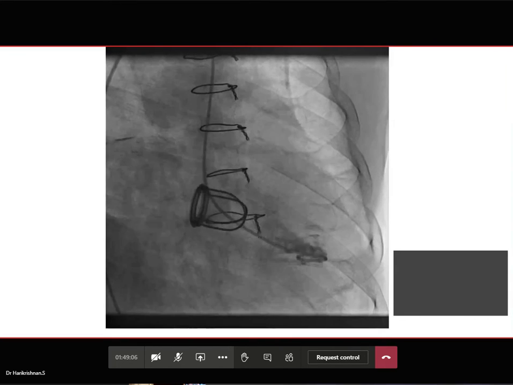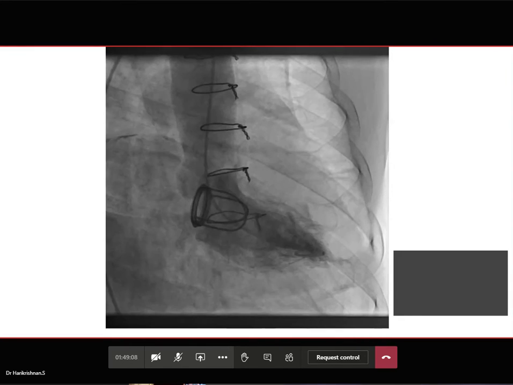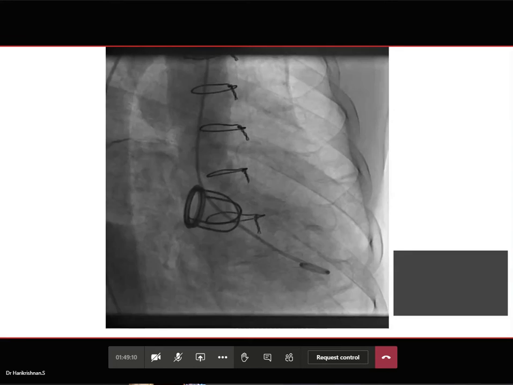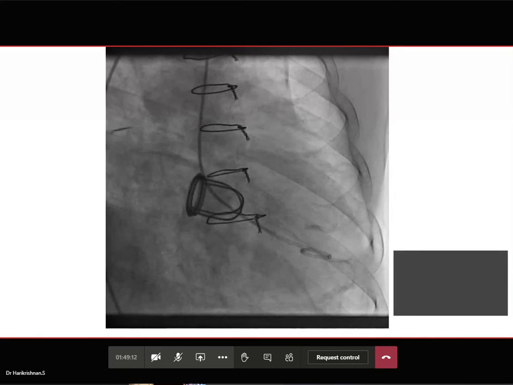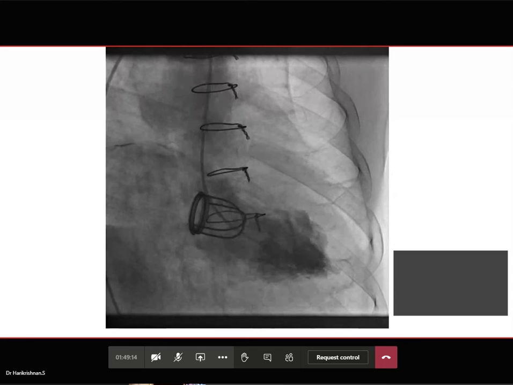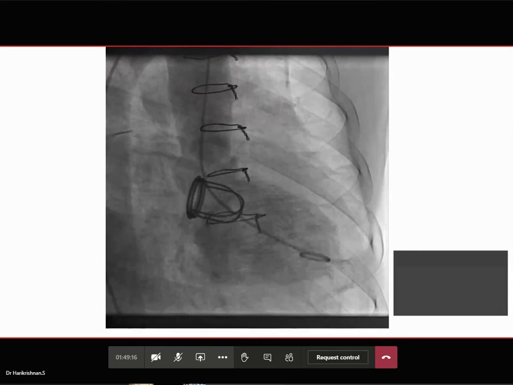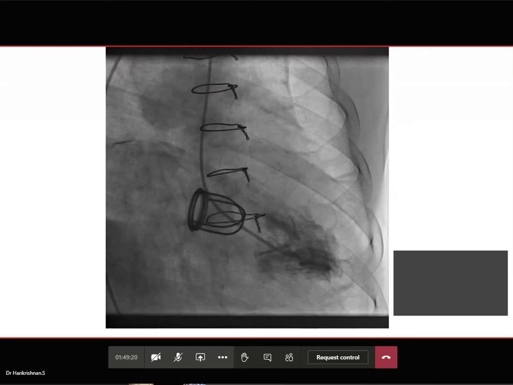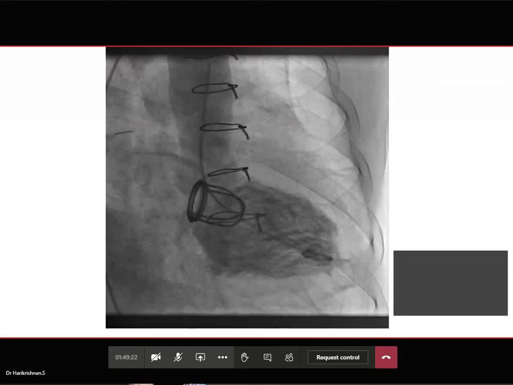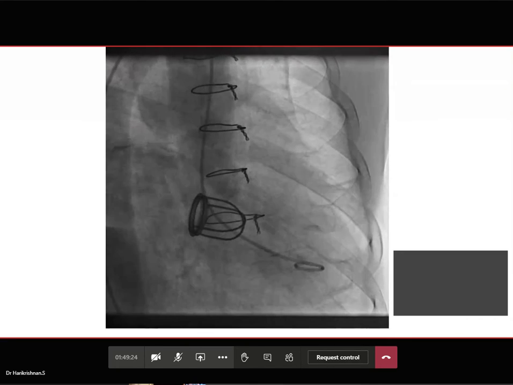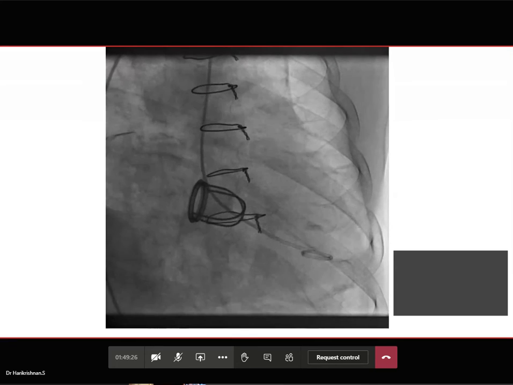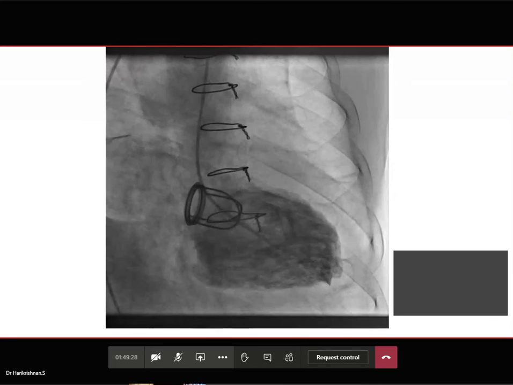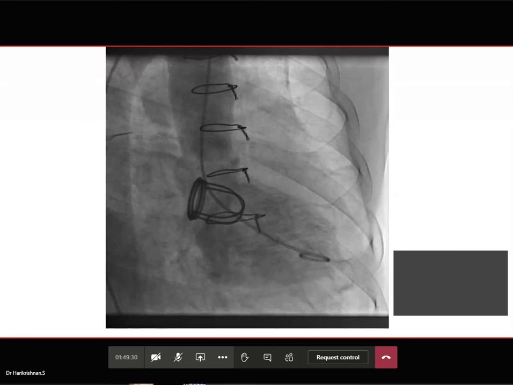So, this patient had undergone a previous surgery. The patient had undergone DORS procedure, sir. Not DORS procedure. What is DORS procedure? That is LV reduction, which is totally different. Commissurotomy.